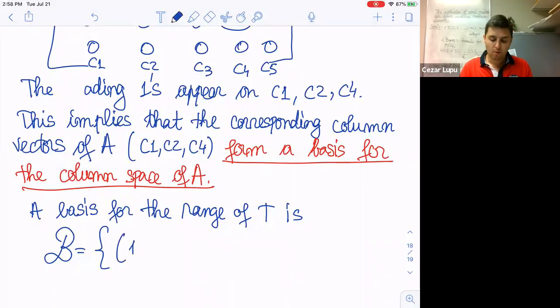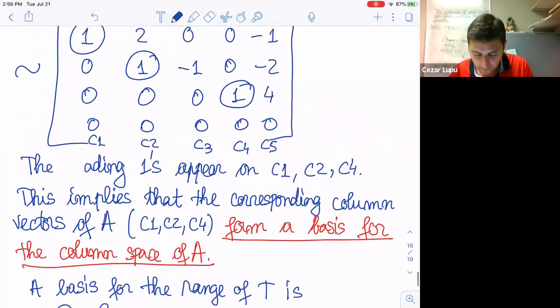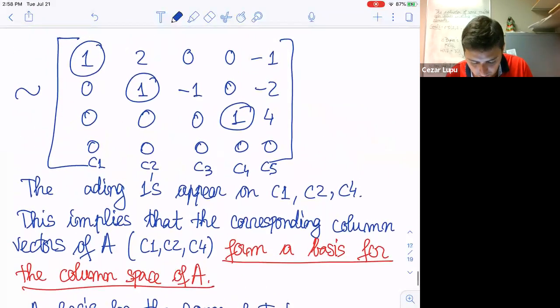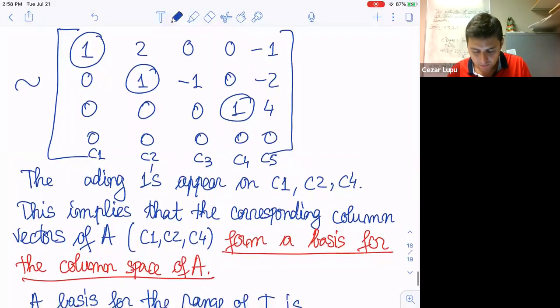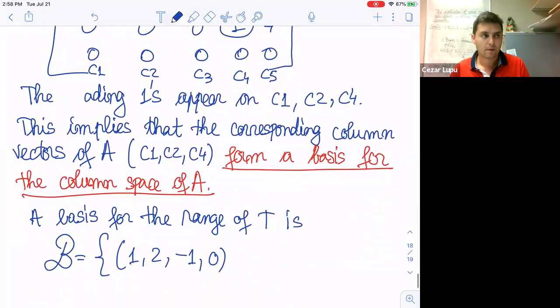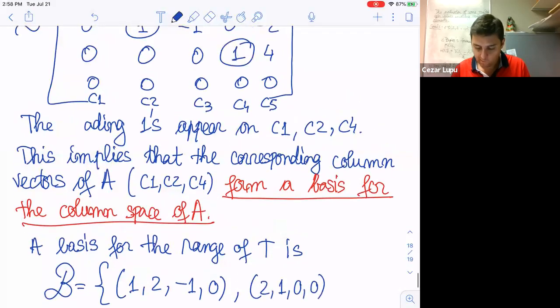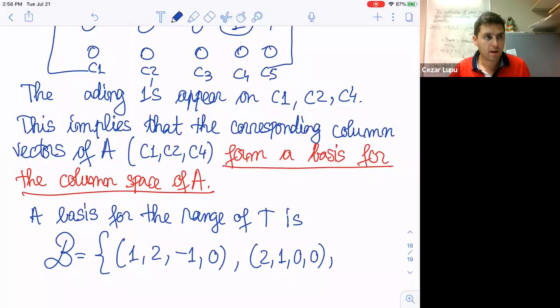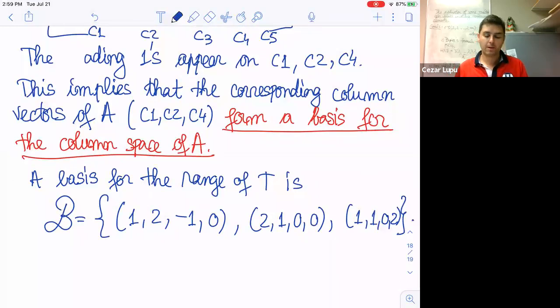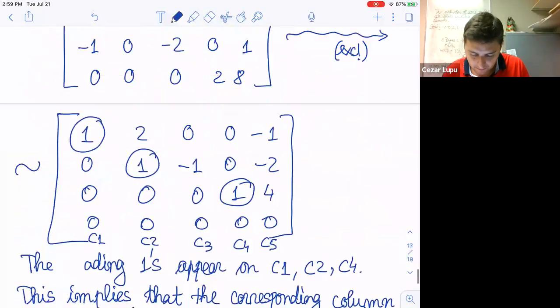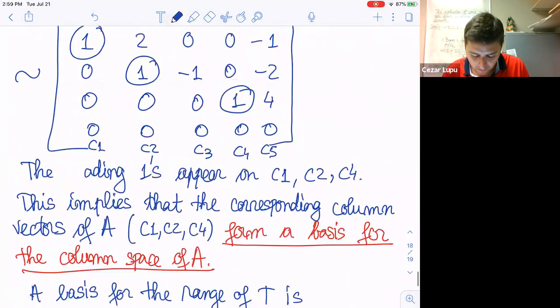So it will be (1, 2, -1, 0), (2, 1, 0, 0), and (1, 1, 0, 2), and (1, 2).